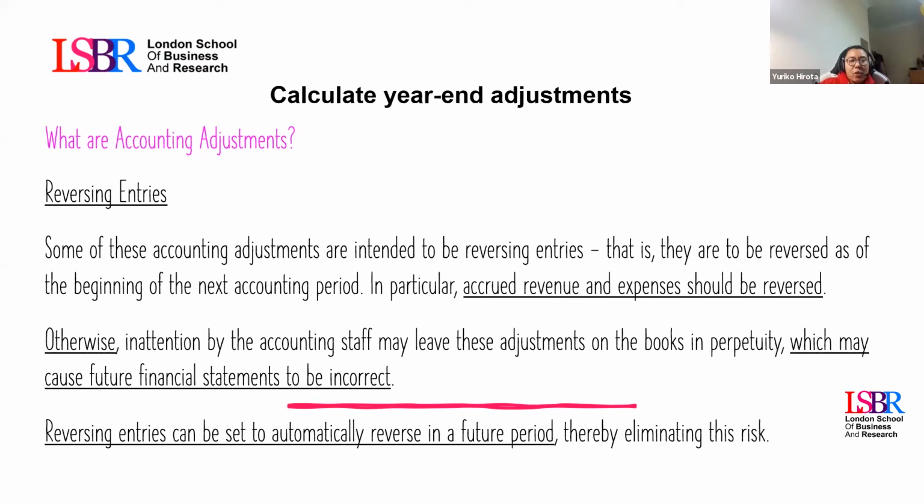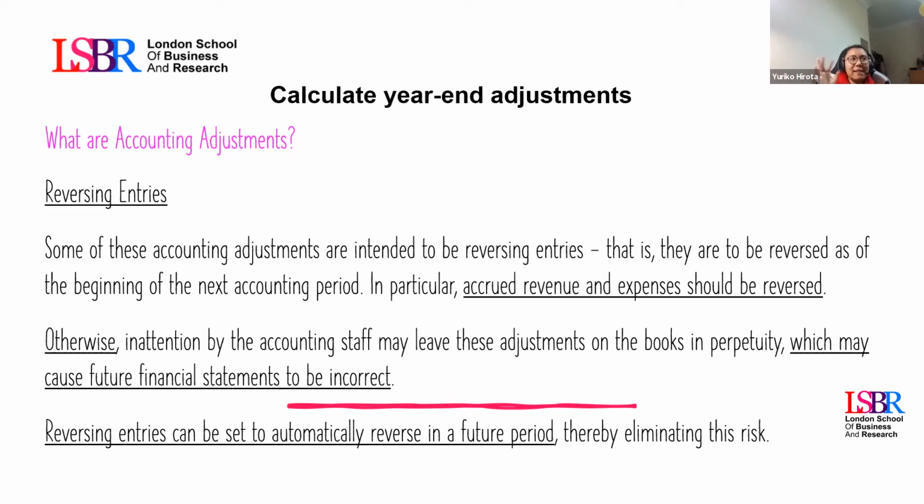So in the adjustments we have some concepts called reversing entries. These are basically adjustments, but we call them reversing entries because we need to set them in the system at the beginning of the next period. Imagine that we are very sure that we need to do something in the next period.